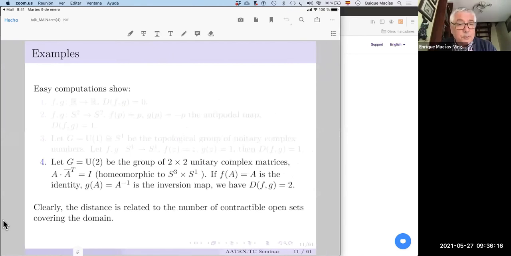And on the group U2 of 2 times 2 unitary complex matrices, the distance between the identity and the inversion map is 2. So clearly, the distance is related to the number of contractible open sets that you need to cover the domain. So now I will speak about Lusternik-Schnirelmann category.